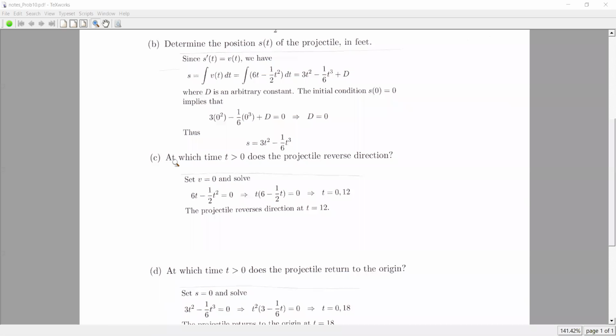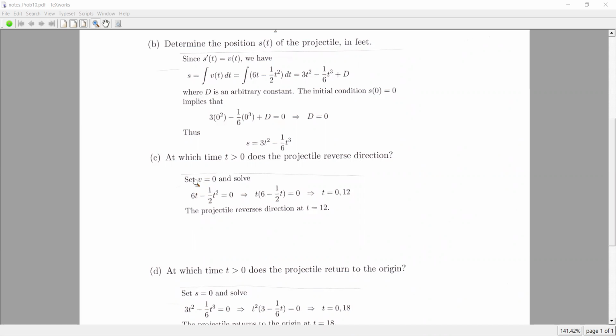Part C. At which time does the projectile reverse direction? When the projectile reaches its highest point, the projectile reverses direction. Because at the highest point, velocity is 0. I set velocity to 0.